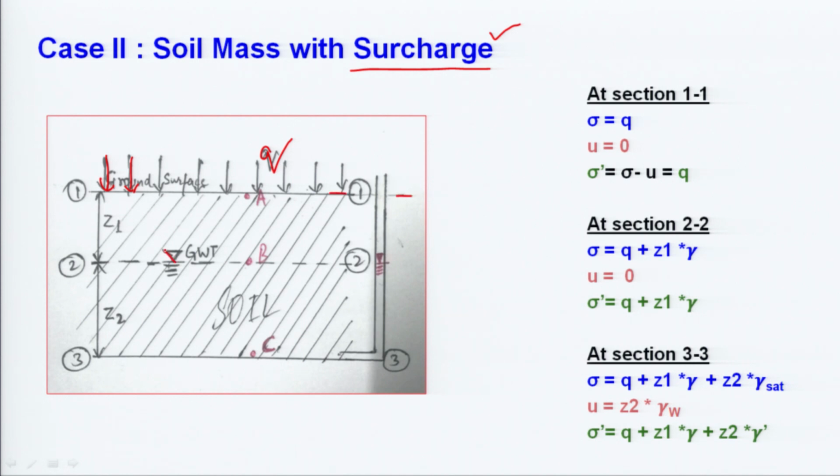It is known that the groundwater table is available at section 2-2, and at section 3-3 we have taken a point C. The entire section from the ground surface to this 3-3 section is soil. So, above this section there is no soil mass. So, the total stress will be alone due to Q.